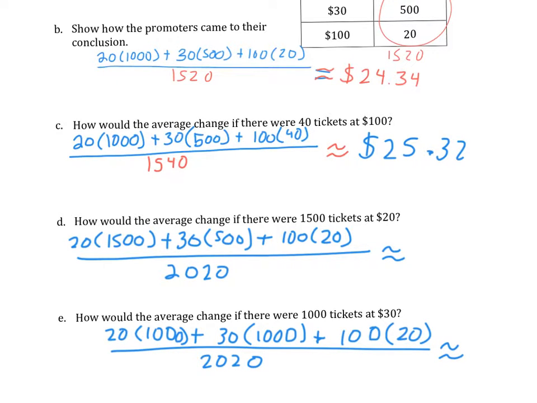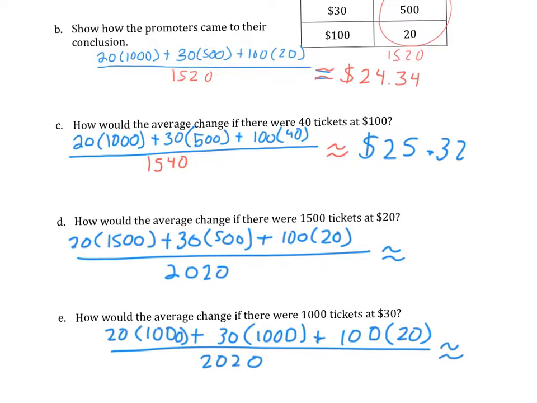Now let's look at this next one. Instead of being 1,000, so here's the original, instead of $20 having 1,000 availability, now it's 1,500. Notice the 500 here and the 2020 there. So I reset this one back to 20. Now this goes up by 500, so now it becomes 2020.